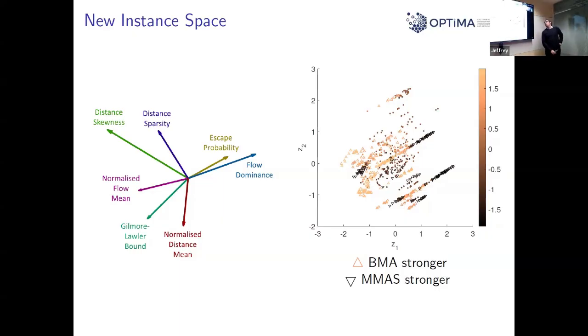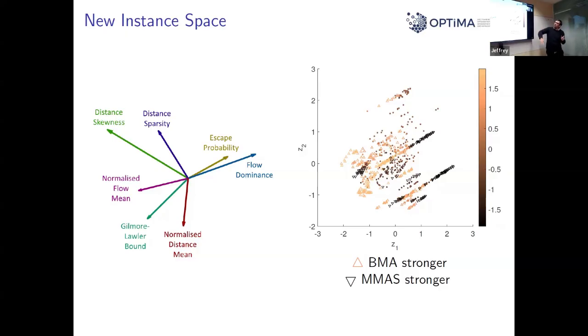One particular thing I'm going to point out about these features is that we now have 2 flow features, the normalized flow mean and the flow dominance, 3 distance features, normalized distance mean, distance skewness, distance sparsity, and then the Gilmore-Lawler bound and the escape probability take into account both matrices.